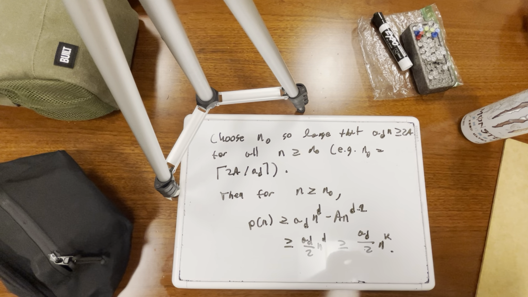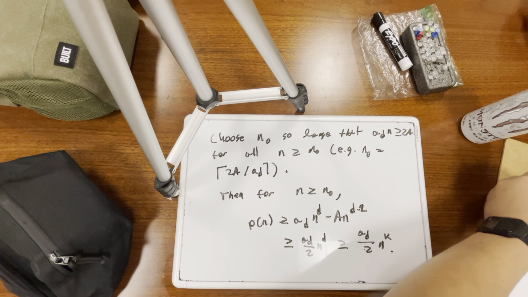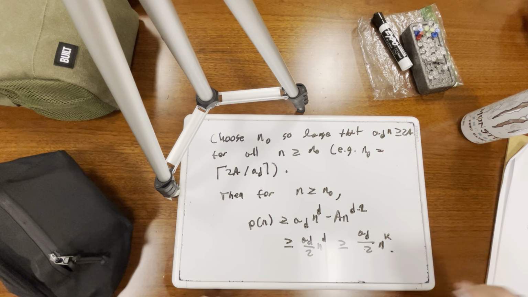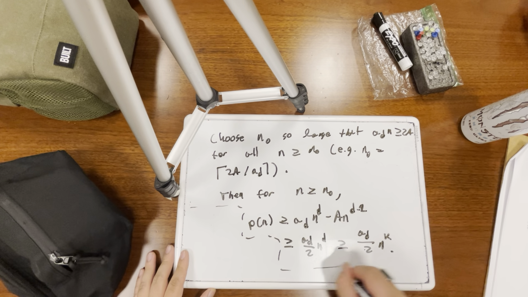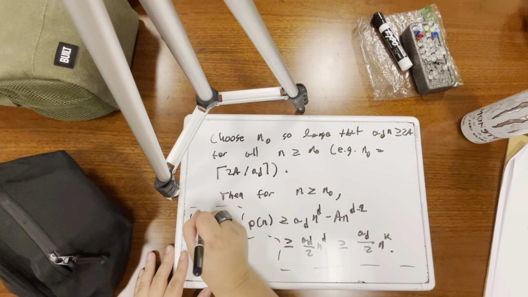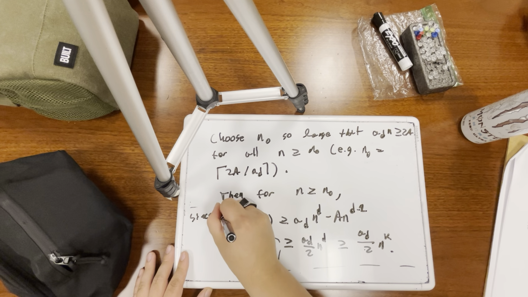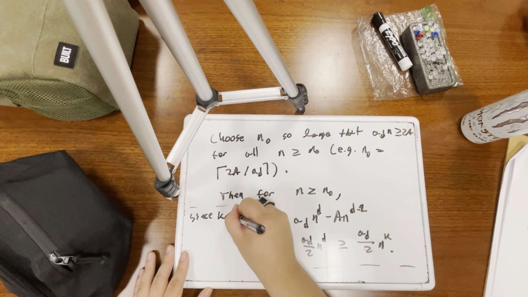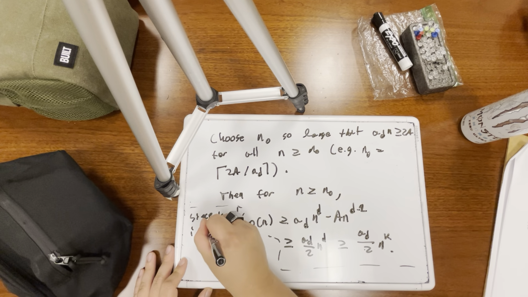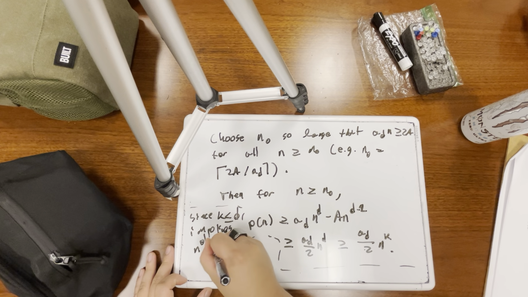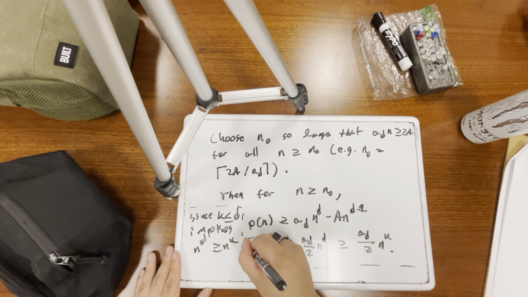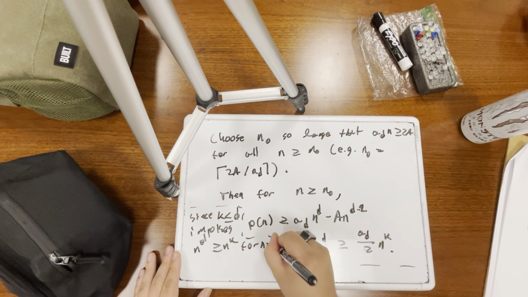Now, here's where things get a little more critical. Since k is less than or equal to d, this implies n to the d is greater than or equal to n to the k for n greater than or equal to 1.